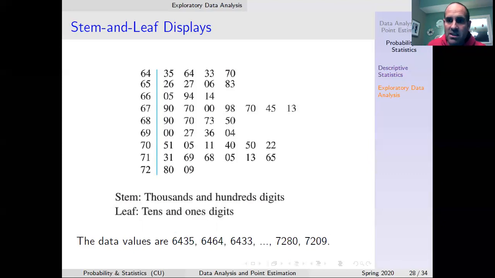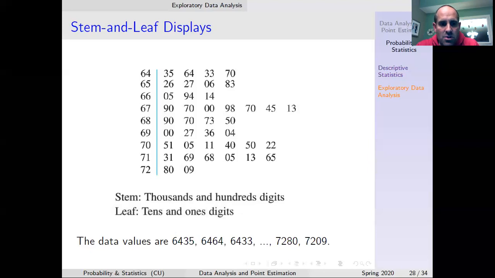You just wouldn't have any leaves. You want to list empty boxes, just like you would for a histogram. You would have little gaps in your distribution where it would go down to 0 for a while and then start going back up. So you want to even list stems that don't have any leaves, just for completeness' sake.